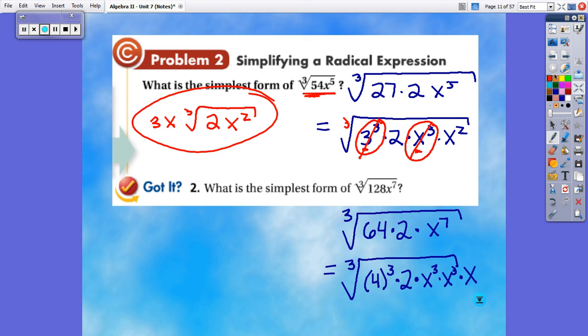And again, I'll switch colors. This is going to come out evenly, this will come out evenly, and that will come out evenly. So I'll start with those.